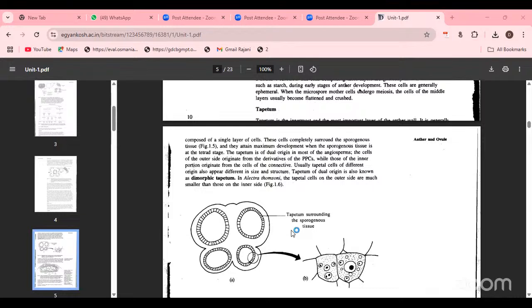The tapetum of dual origin, with cells that differ in size and structure, is called the dimorphic tapetum.